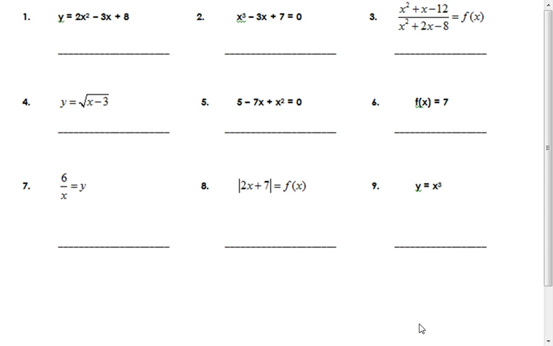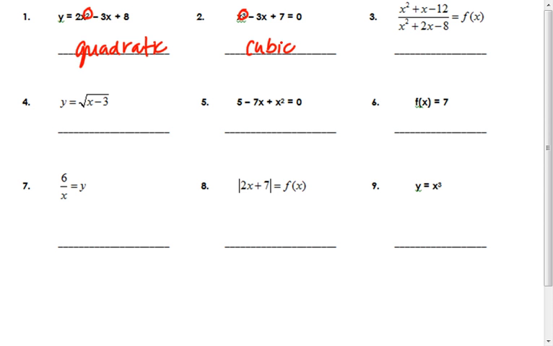So here's the first page on your notes that I want to talk about. The number 1 there, the equation 2x squared minus 3x plus 8. You can see that it has a degree of 2 right here. And so because it has a degree of 2, that would be a quadratic. Okay, number 2 has a degree of 3, and so that's a cubic equation.